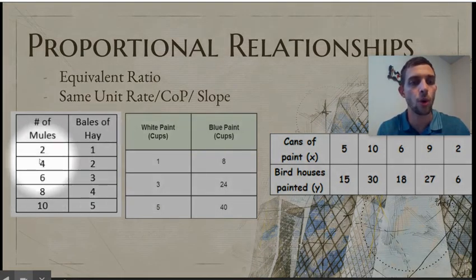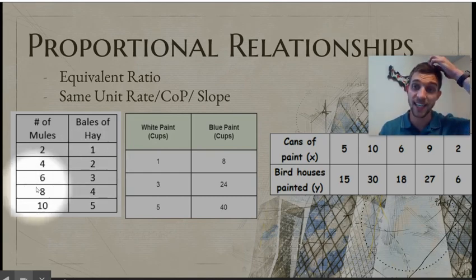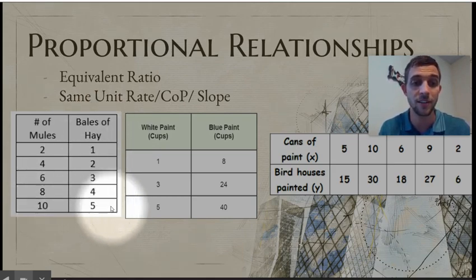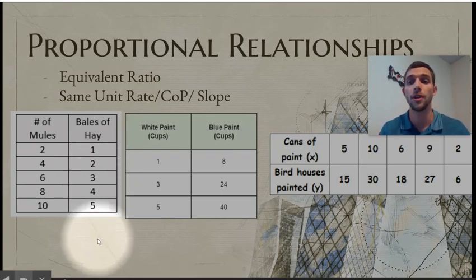If we take 4 divided by 2, we end up with 2 mules eating 1 bale of hay as the unit rate. 6 divided by 3 is 2 mules eating 1 bale of hay. Same thing, 10 divided by 5 gives me 2 mules eating 1 bale of hay. Those are proportional because they have the same unit rate.